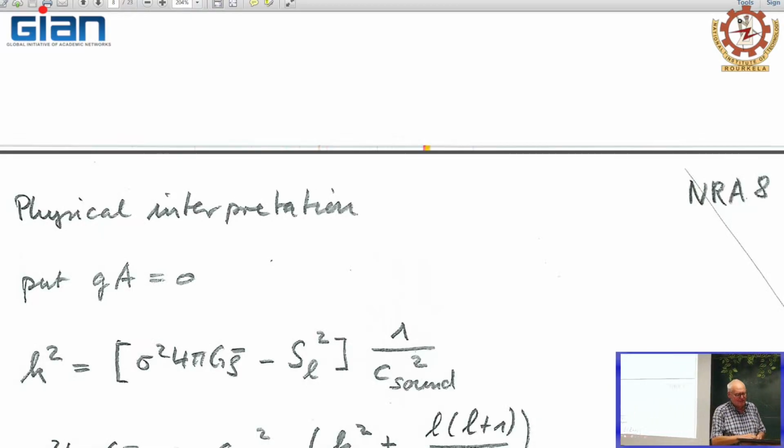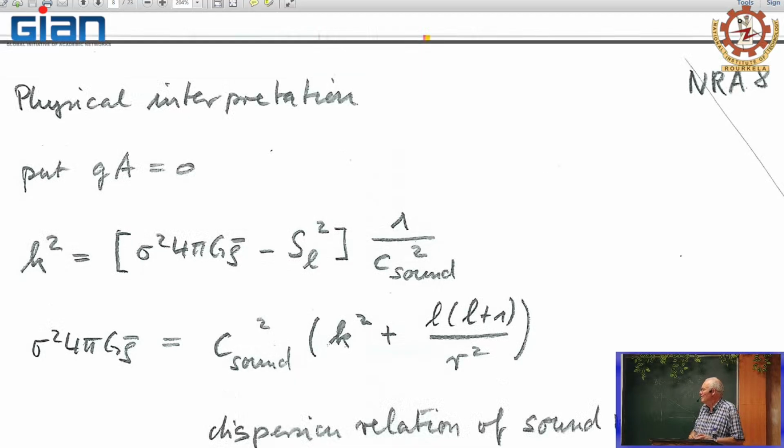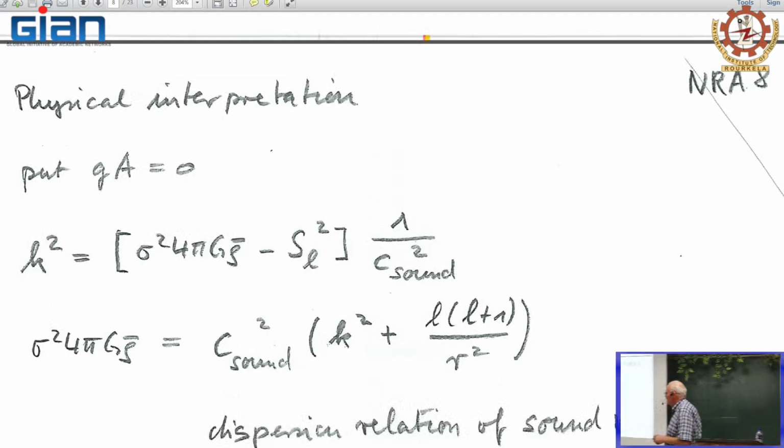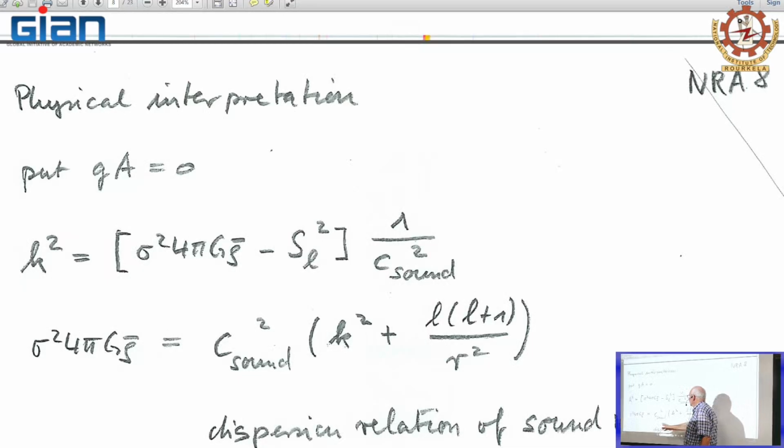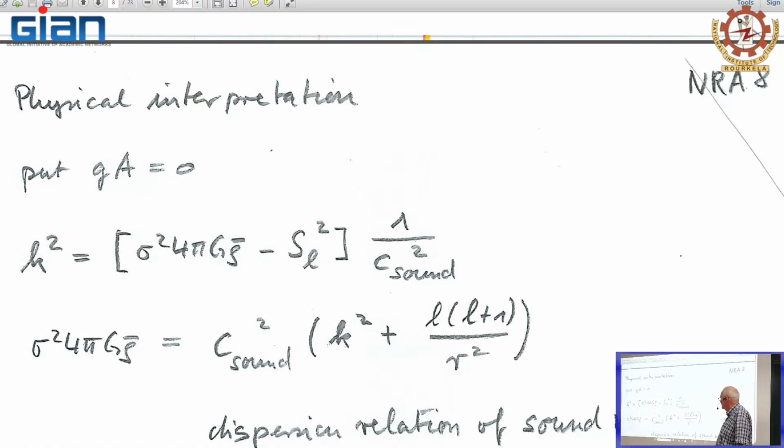Now solve that for the frequency. If we solve this for the frequency, then we see the frequency is sound speed squared times k squared plus, well, the Lamb frequency contains the factor L times L plus 1 over R squared.